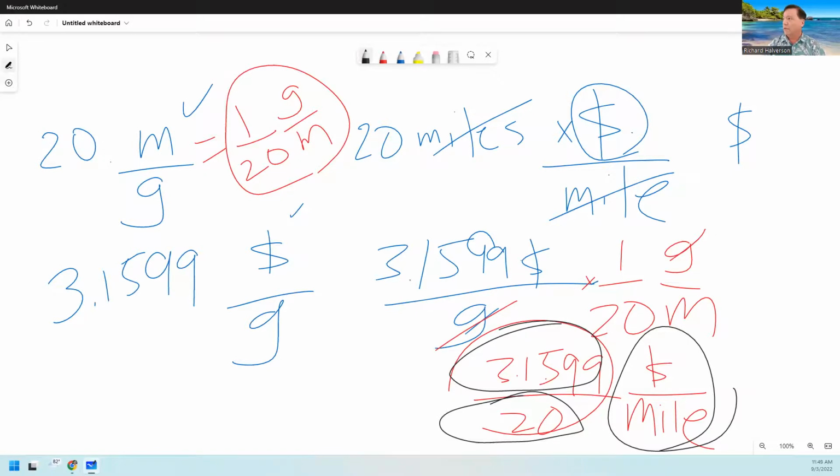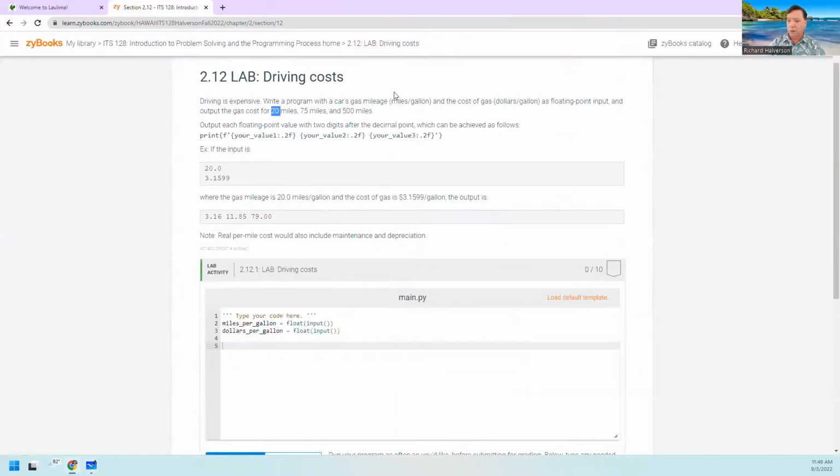So we want to compute dollars per mile, which equals the dollars per gallon times 1 over the miles per gallon.